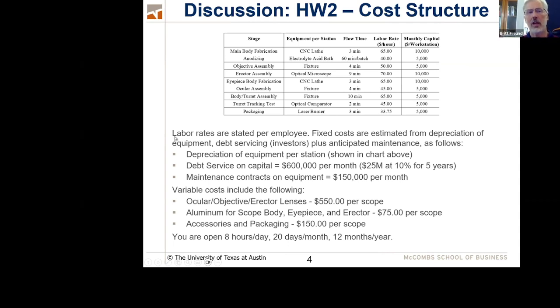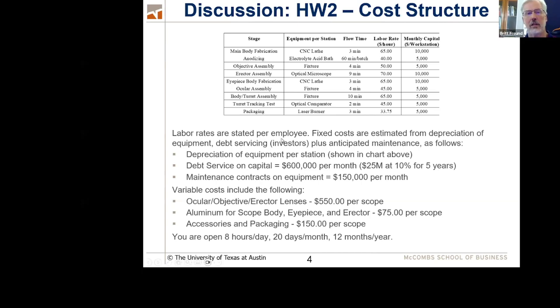Because when you read it, you say labor rates are stated per employee, fixed costs are estimated from the depreciation of the equipment. There's also debt servicing plus maintenance is followed. So we have to take into account the labor, and we have to take into account the capital, and then we have debt service we have to cover. If we can't cover our debt service during a month, we're in trouble.